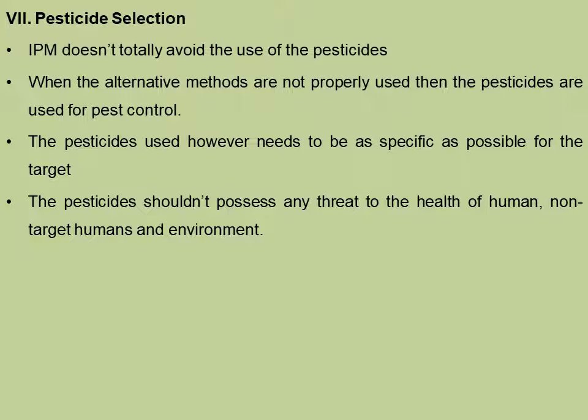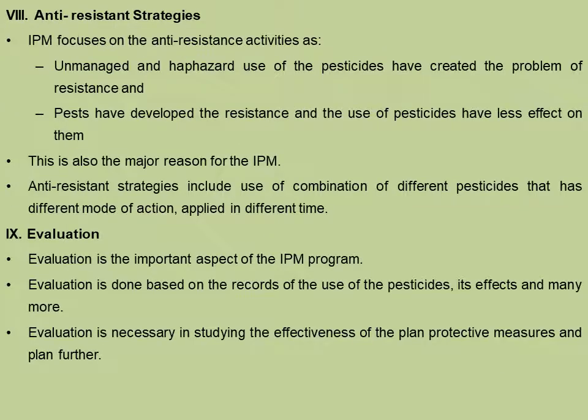The pesticide shouldn't pose any threat to the health of non-target humans and the environment. Now, this is very difficult to adhere to, but still utmost care should be taken that the health of humans is not threatened, non-target species, that is other animals and wildlife, are not harmed, and of course overall the environment is not polluted by these chemicals.